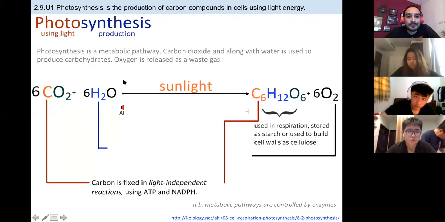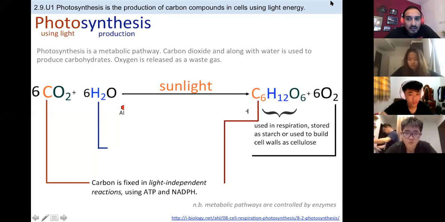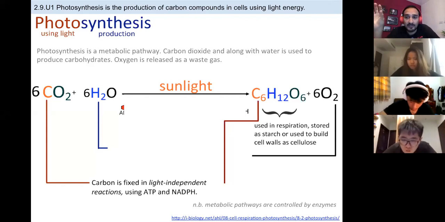Now, you're going to see on this slide some things in italics. Those are mostly, if I'm not mistaken, for HL students. So terms like light independent and light dependent reactions, that's where HL students are going to dive deep and break this down very much like we did with cell respiration.